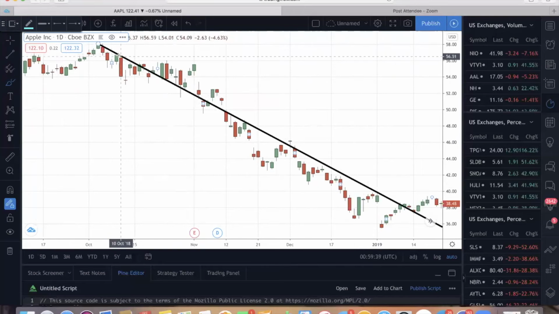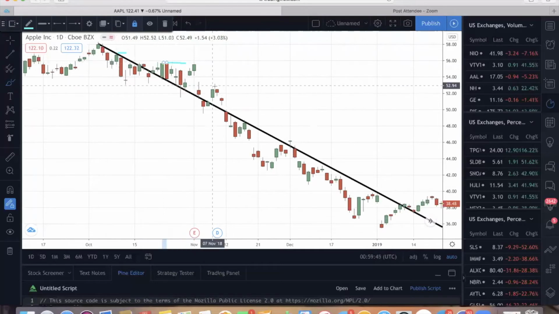Here, we're looking for higher lows, higher low, higher low. And then on the downtrend again, lower low, lower low, lower low, right? So we're going down. The highs are going down, the lows are going down.